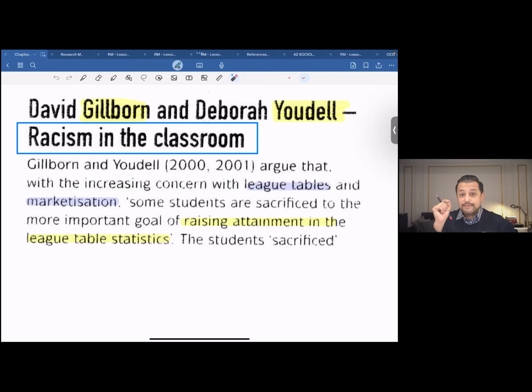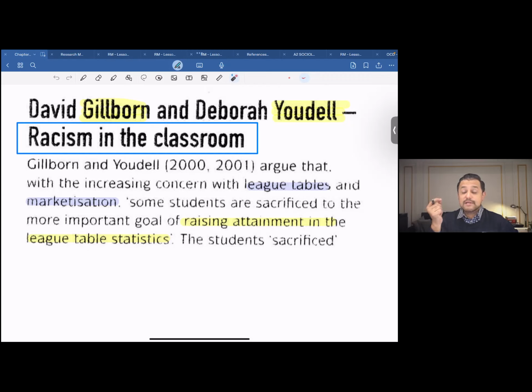According to the neoliberal perspective, because marketization forces have been introduced, there is competition, and this competition leads to league tables being published. Schools and colleges today look towards attainment. They look towards having students that could help that particular school have a better position in the league tables.